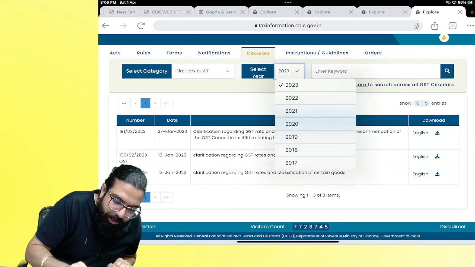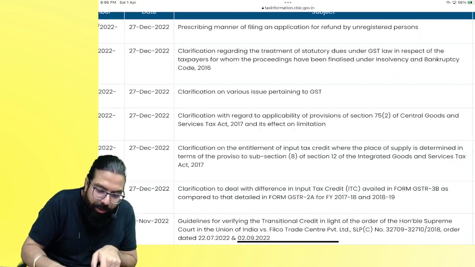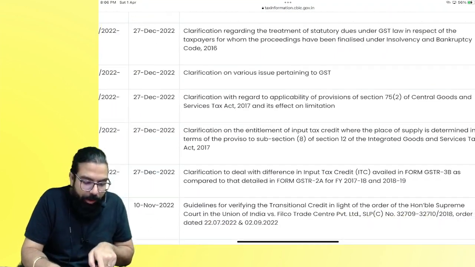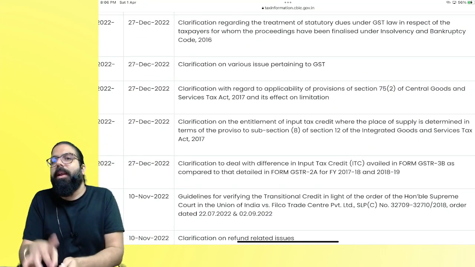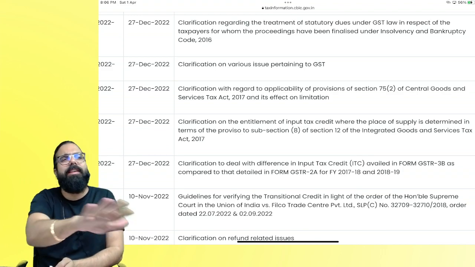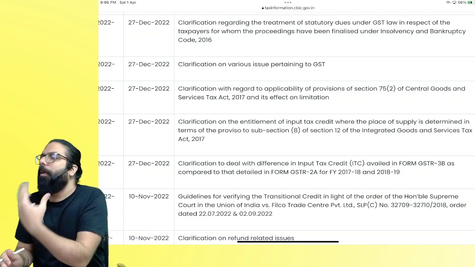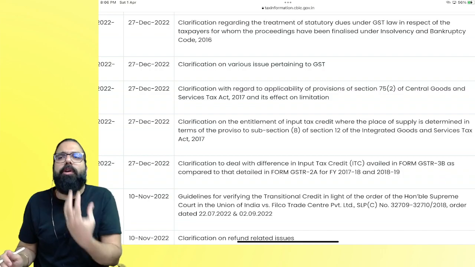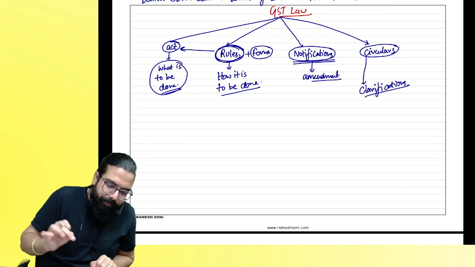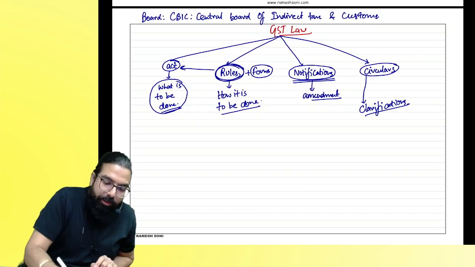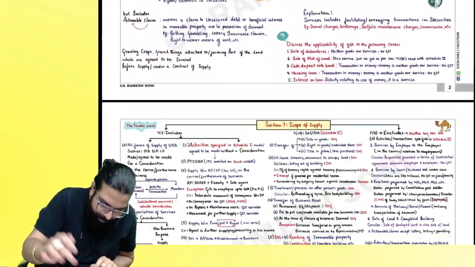I will show you 2022. See, clarification regarding various issues of GST. Can you see all these are clarifications? These are given by the CBIC clarifying that, okay, do like this, do like that. Because GST is a new law, people will have a lot of doubts. Government will clarify. Clarifications are what, everyone? Circulars. Now you understood, everyone. Sir, will we need circular? See, wait, see here.